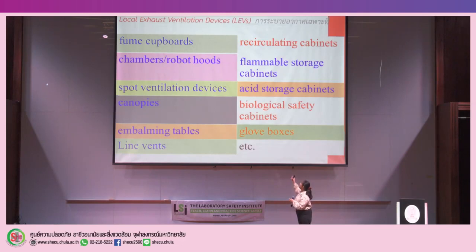On this part, it just recirculates. It doesn't go anywhere. You still use the air in the lab and recirculate it back. But this one exhausts out. The cupboard, the chamber, the spot ventilation, the cabinets, that's what exhausts out.